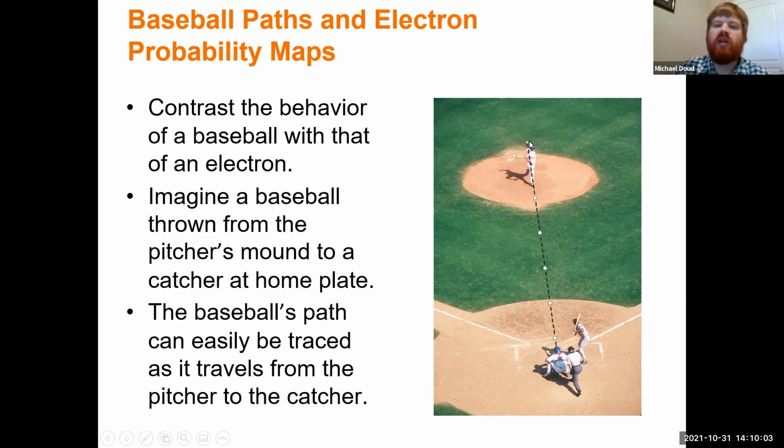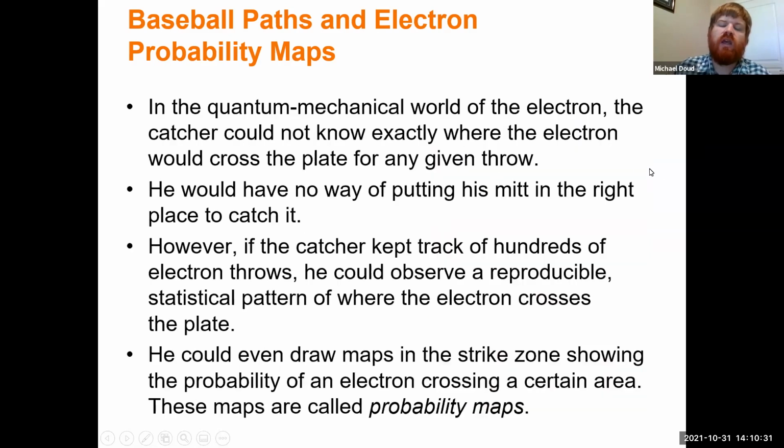It could be a curveball, could be a fastball, but always the ball follows some type of linear path where it goes from here to here, and you can follow it discretely at each step of the way. Even on the most complicated pitches, that's just where things curve, basically. But even the curve describes a line or a path that the baseball follows.